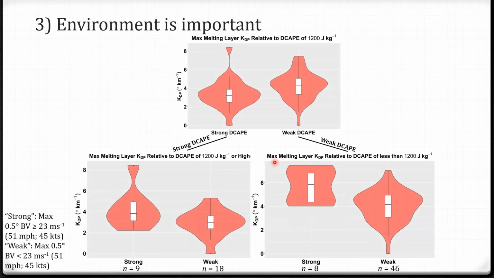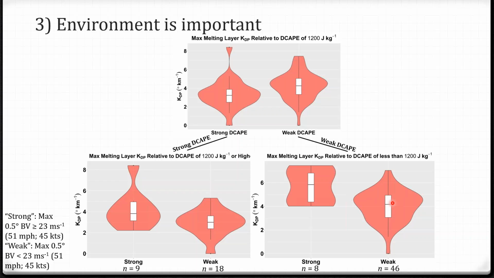And even when you break it out, we decomposed and looked at strong and weak downbursts when you had higher DCAPE and strong and weak downbursts when you had weaker DCAPE. Not only did we find a little more difference between the strong and the weak downbursts, but you can also see that in the weak DCAPE, the median KDP associated with a strong downburst is much higher than what we see with higher DCAPE.